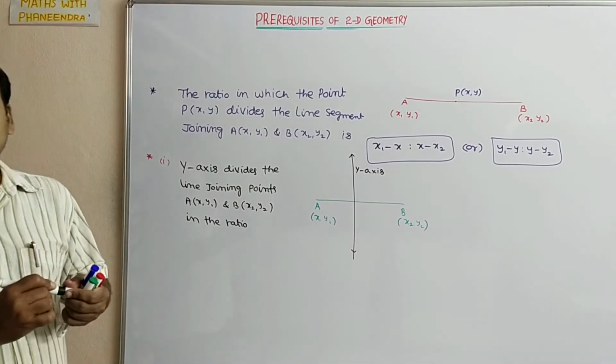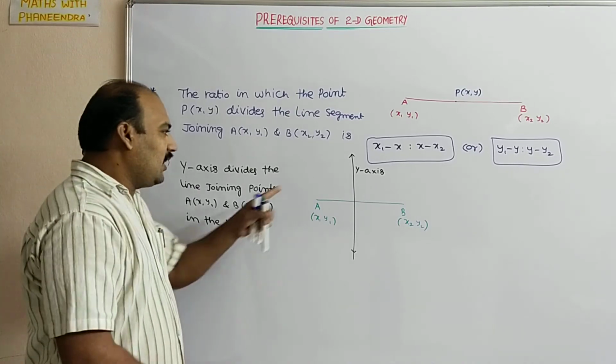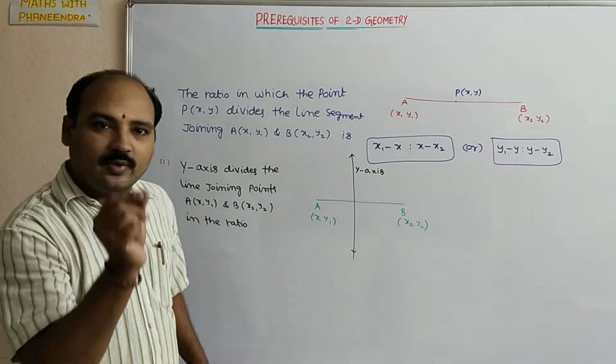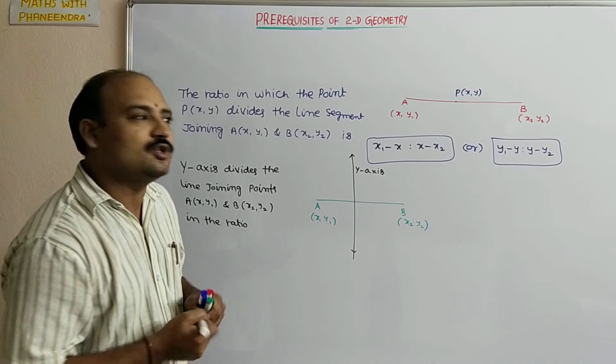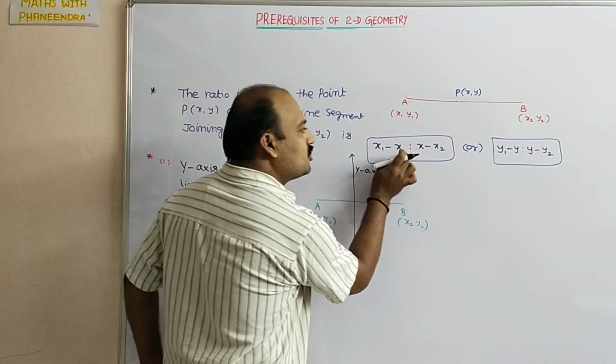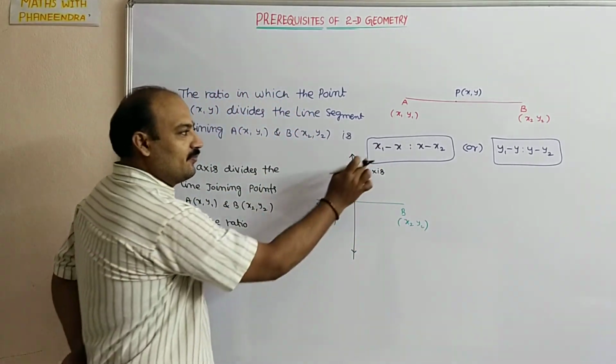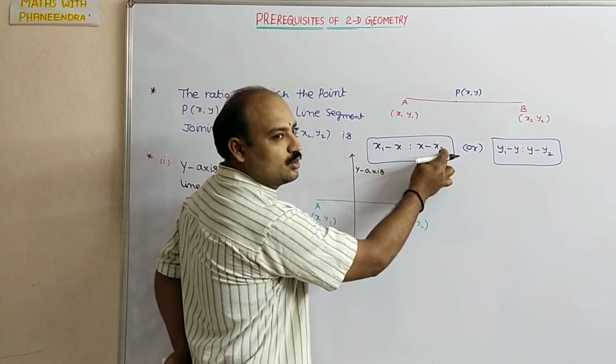Sir, how will it come, minus x1 is to x2? See here, y-axis means what? The equation of y-axis is x is equal to 0. X is equal to 0, substitute in this. You will get x1 is to minus x2.